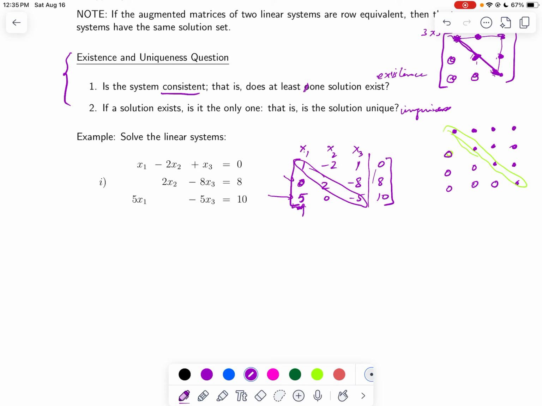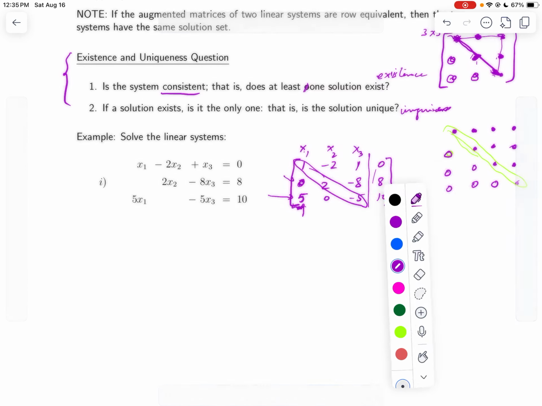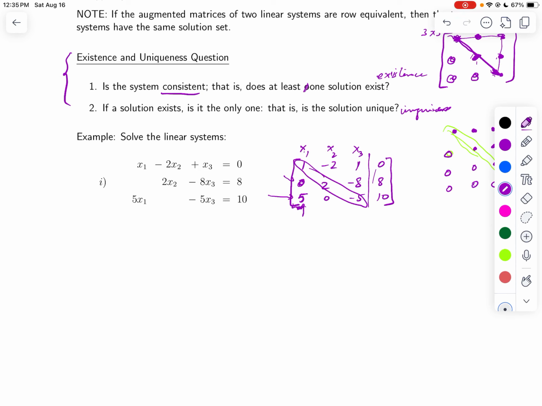In order to make it zero, I have a 5 here. If I am adding, what should I add here to make it zero? Negative 5. So this is what I do. I will multiply the first row by negative 5 and add it to the third row. So let me rewrite my matrix. And this is how we proceed.